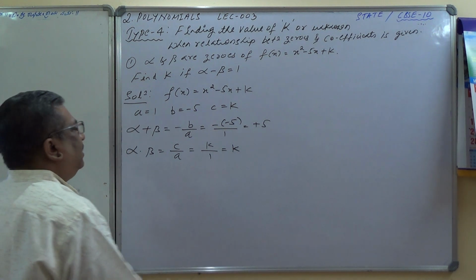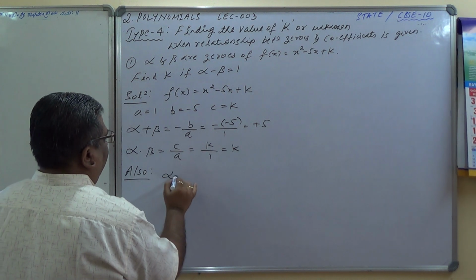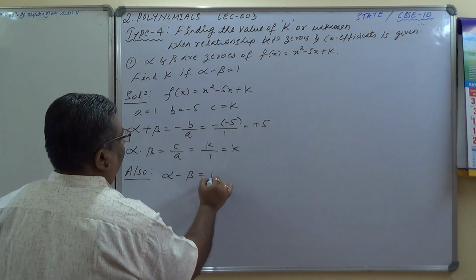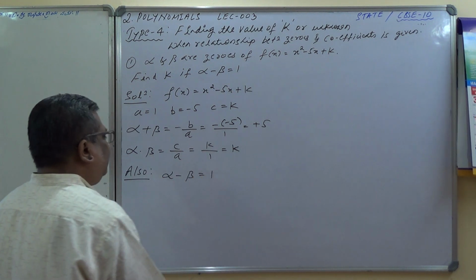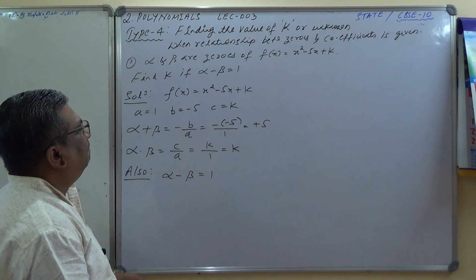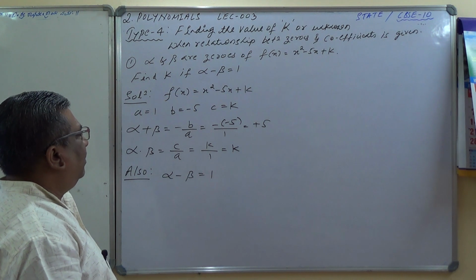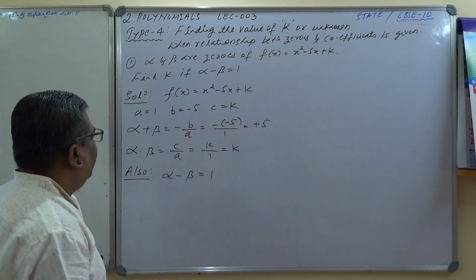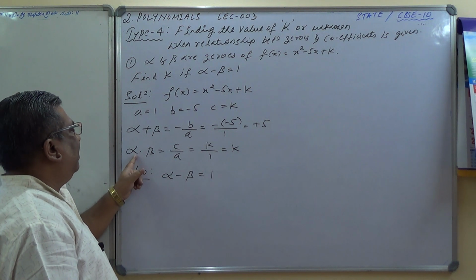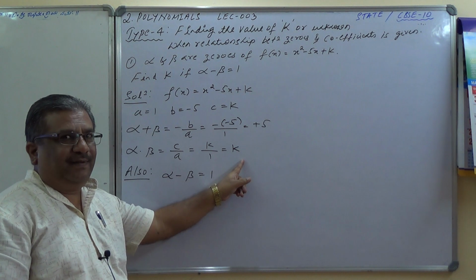Also given alpha minus beta equals 1. Where should I use this? In order to find the value of k, I must know the value of alpha and beta, since the product of the zeros gives me k.